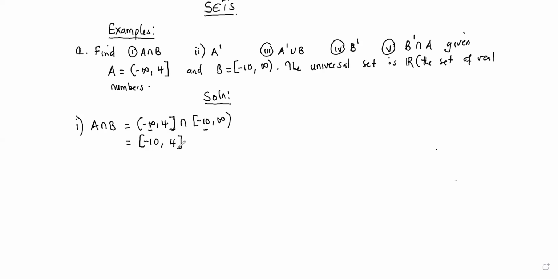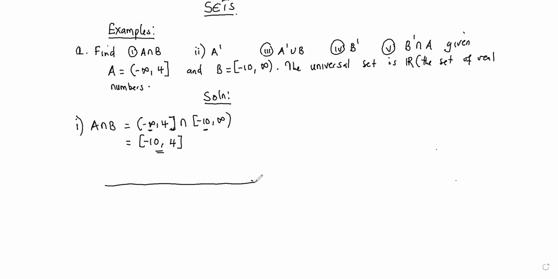So we've picked negative 10, which has a closed bracket. We have also picked 4, which has an inclusive closing. So we're saying this is our intersection. Now, suppose you can't see it from this end, you may as well opt to go on a number line so you can visualize.